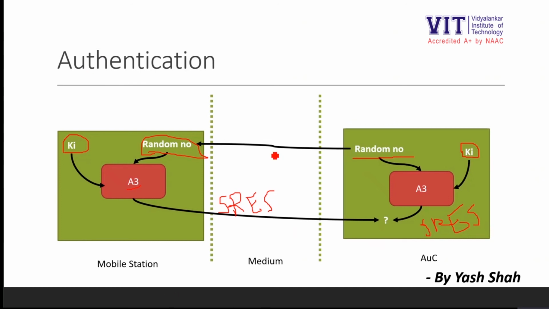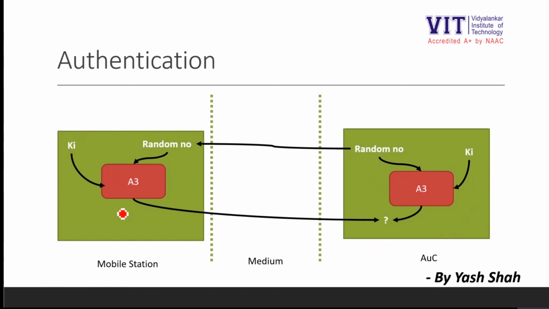We have to understand here that KI is a private entity and is only known either by the authenticated subscriber, that is the SIM card, or the HLR or VLR of that subscriber. So there is no way to generate this SRES correctly without knowing the KI. And that is how we establish the authentication mechanism in GSM.